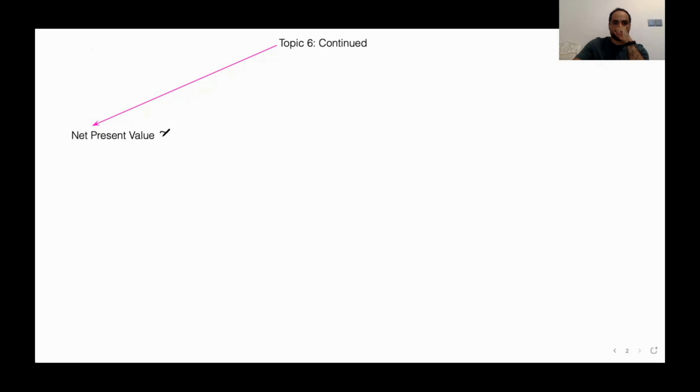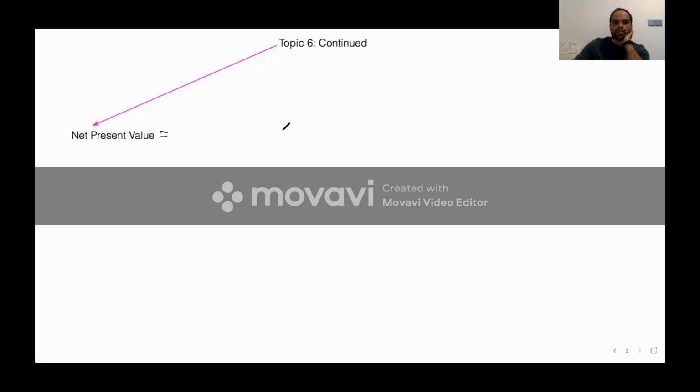the present value? So we have a formula to calculate net present value.